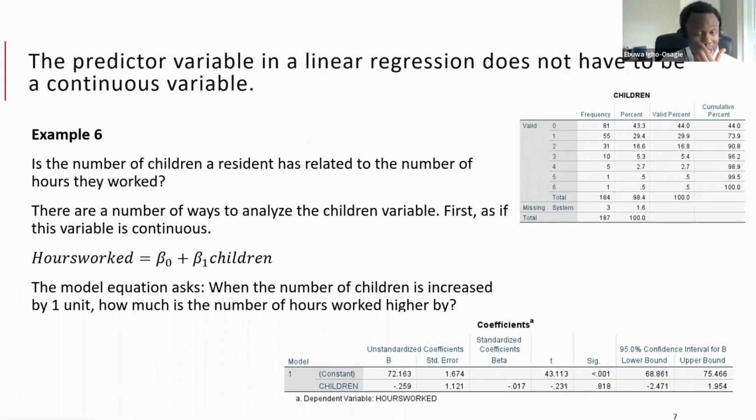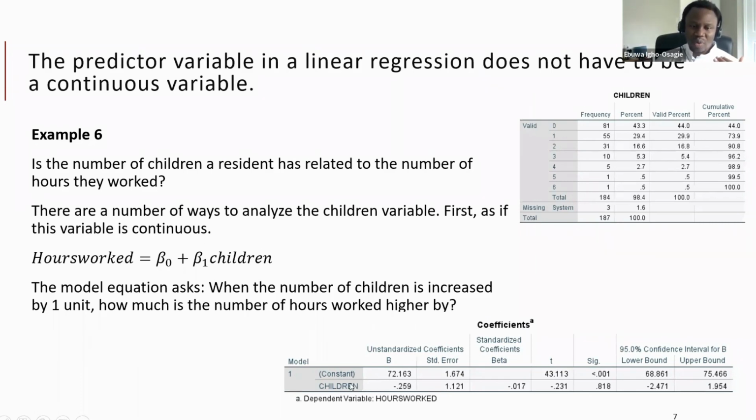So let's look at children. Our dependent variable is still the same. We're looking at hours worked. Our independent variable is the number of children.